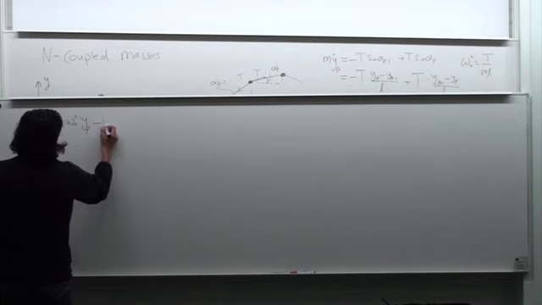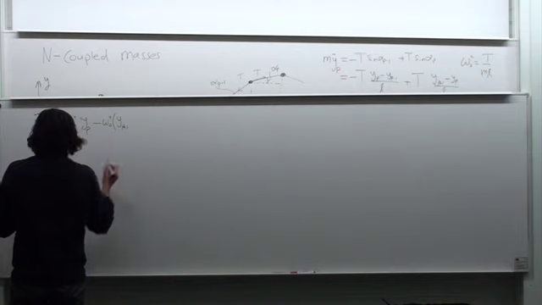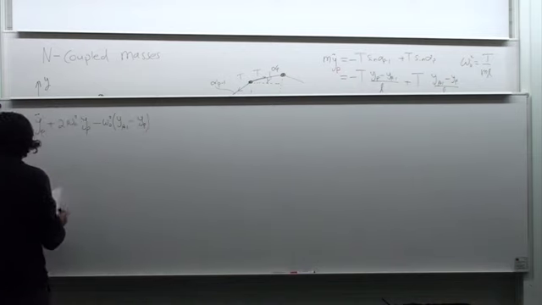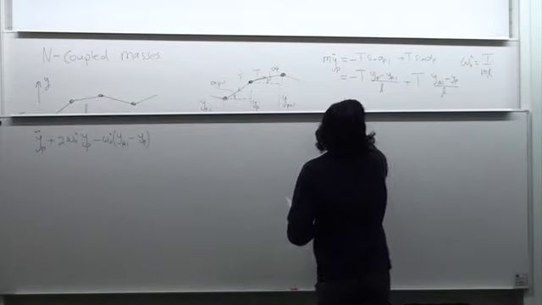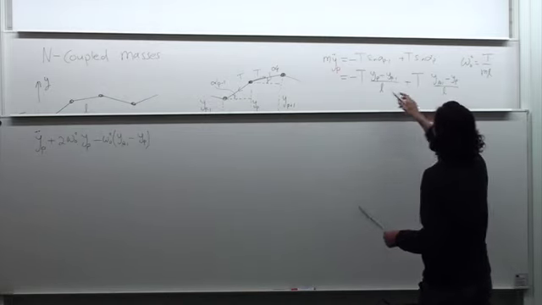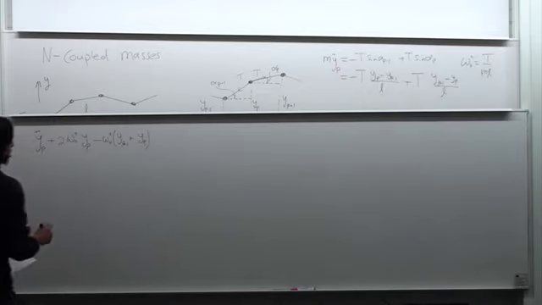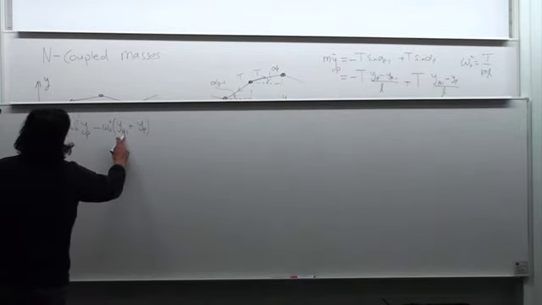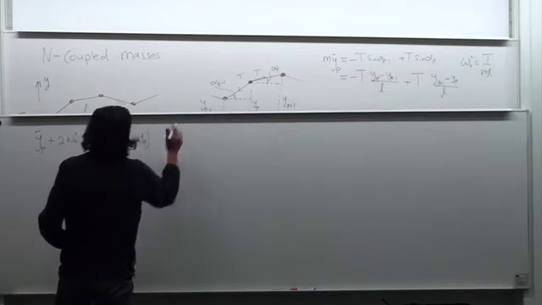So you can write minus omega 0 squared y p plus 1 minus y p. Let's check that: this one would be plus and this one is plus, so both of them have the same sign, both at point p plus 1 and at point p minus 1.